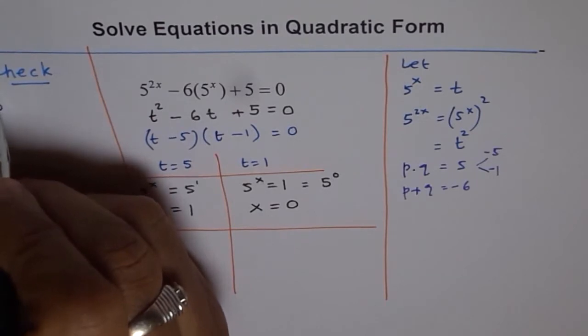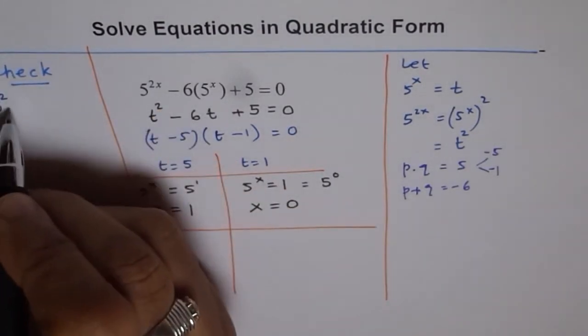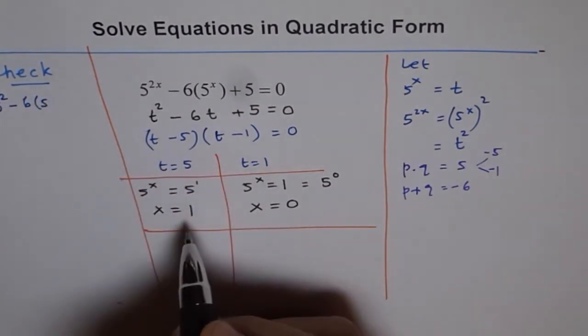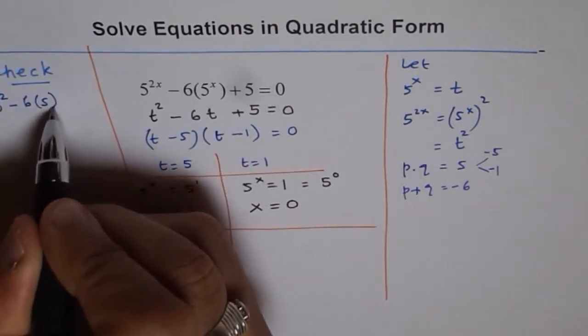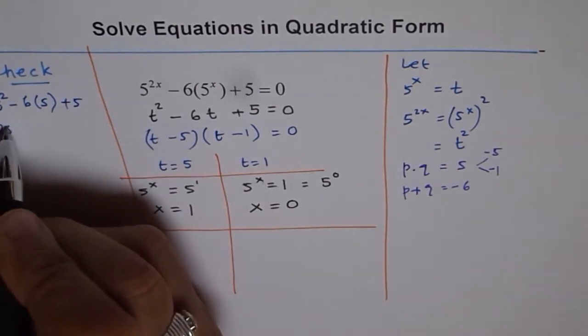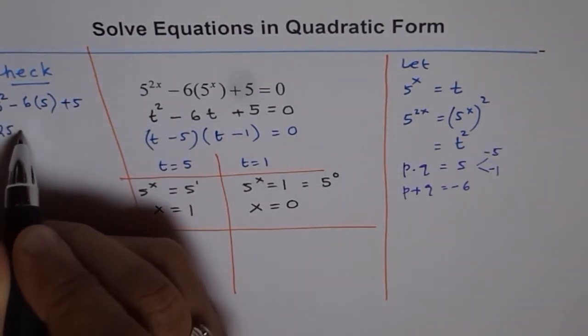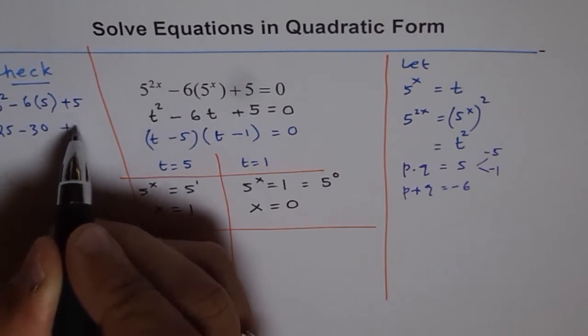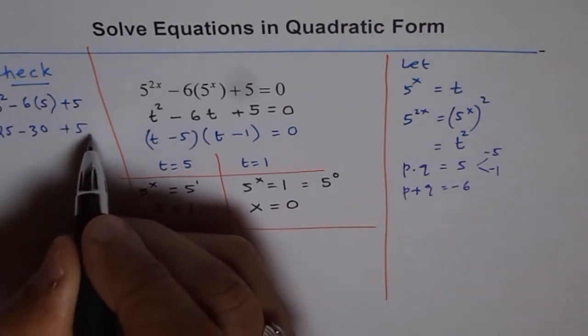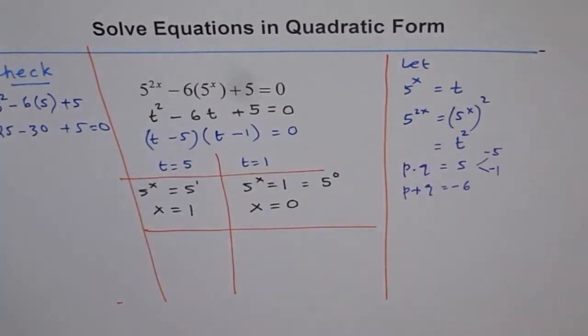I get 5 squared minus 6 times 5 to the power of 1, plus 5. 5 squared is 25 and 6 times 5 is 30, plus 5. So 25 plus 5 is 30 and 30 minus 30 is 0. It works.